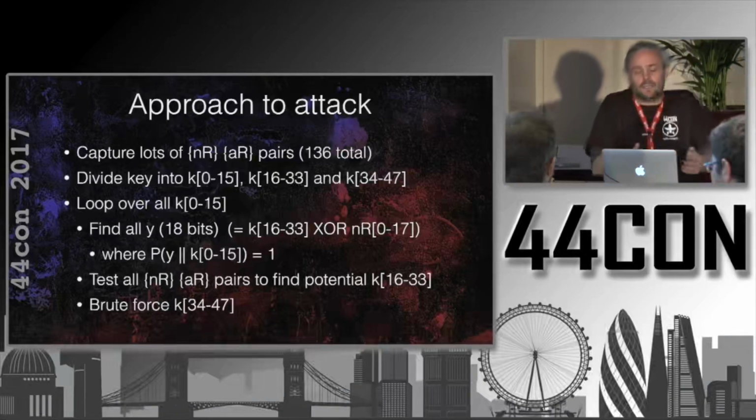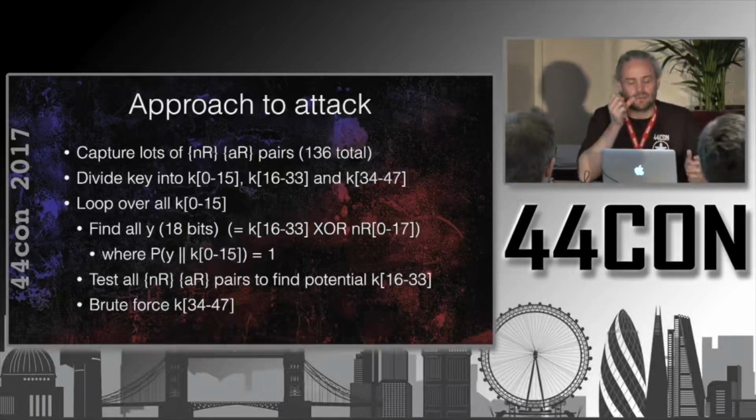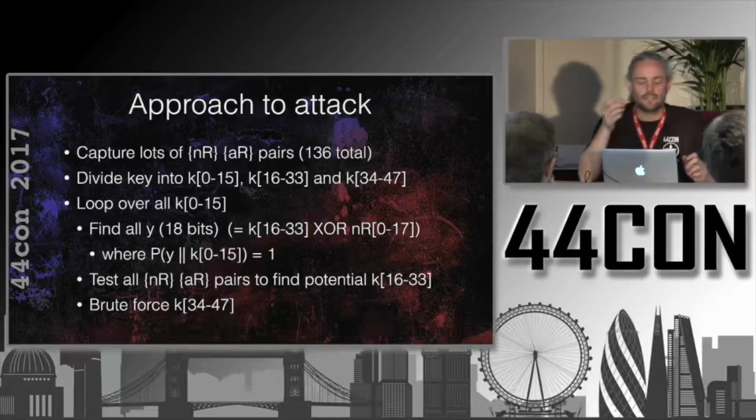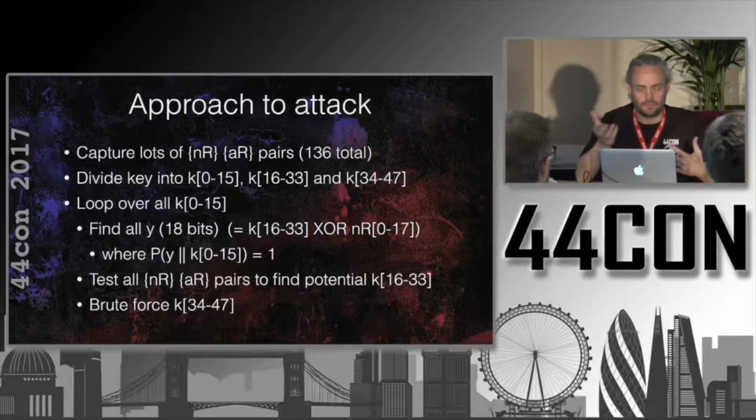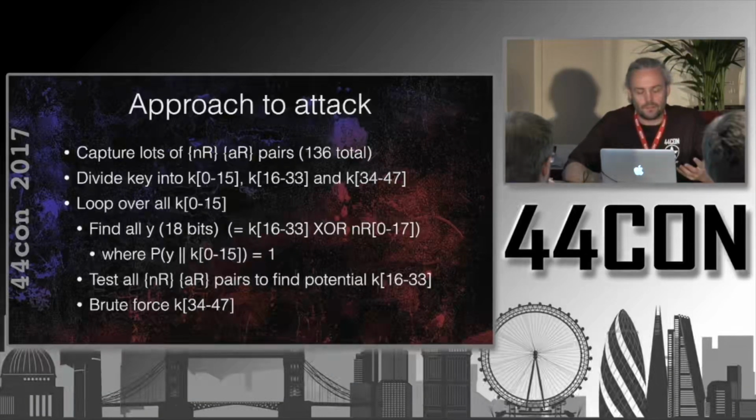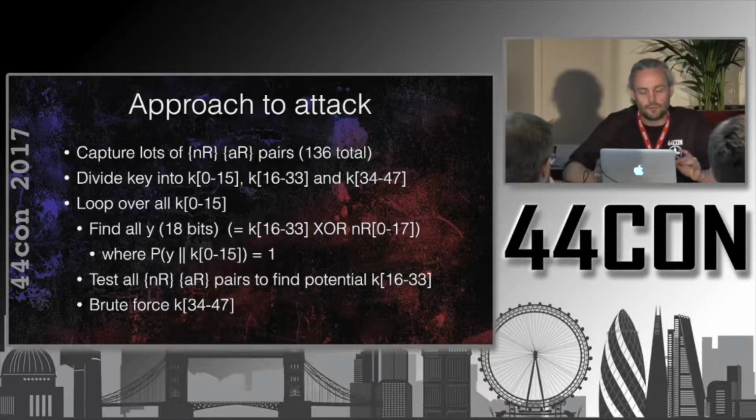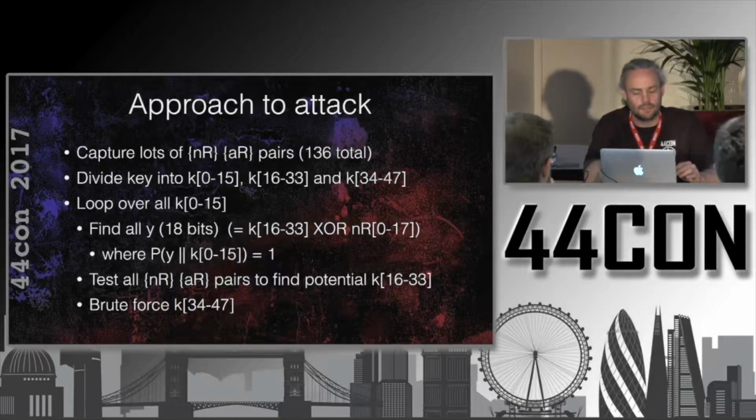Basically, we're going to capture 136 encrypted nonce and encrypted challenge response values, which is 34 times 4, because it happens a quarter of the time, and with 34 bits we're going to attack. So we'll loop over the first 16 bits. There's 65,000 times we're going to do this process, and for each time we're going to find all the values of y that satisfy this situation, given the lower 16 bits that we're working with.